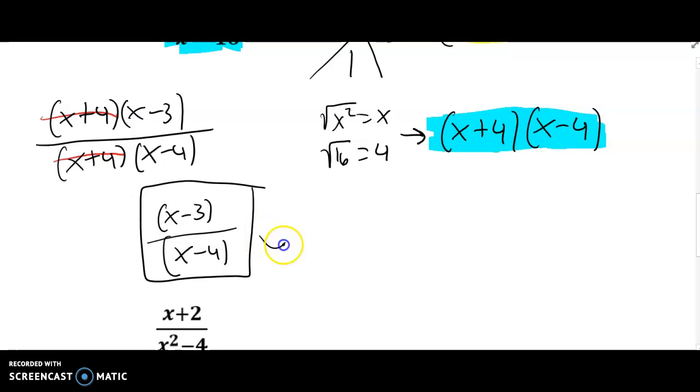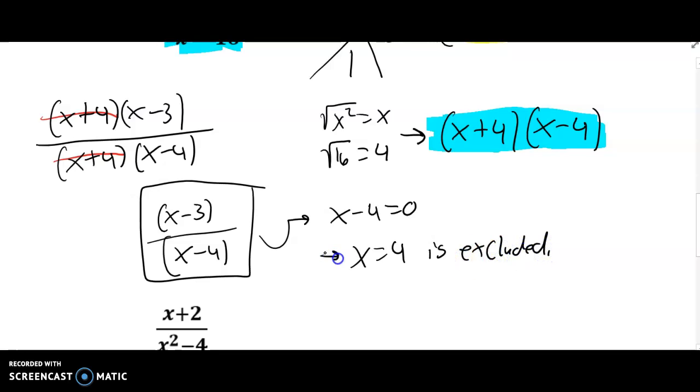Excluded values, what makes the denominator 0? We're going to say x equals 4 is excluded. Okay, let's do another one.